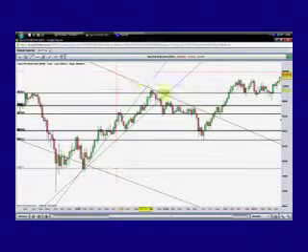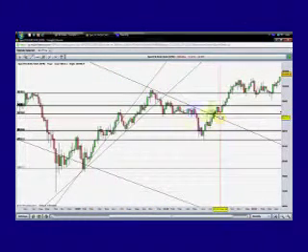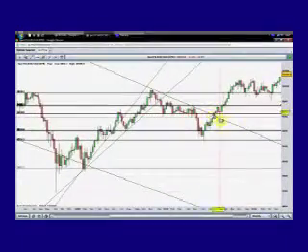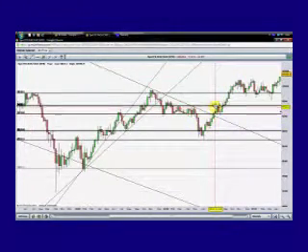The price came to test this trend line, and this horizontal support level, the price is testing also. Where these two lines cross each other, we can see that the price is also retracing back to test that zone. It's a very excellent decision zone.